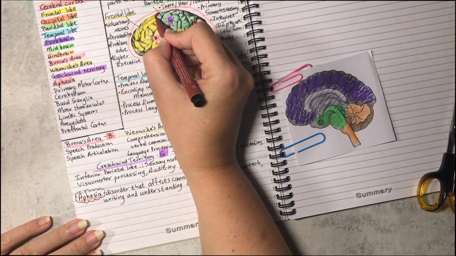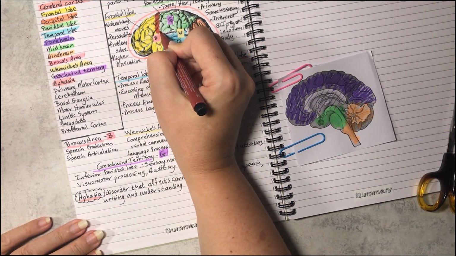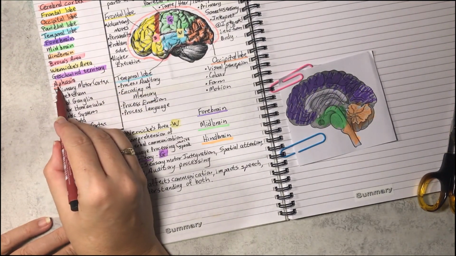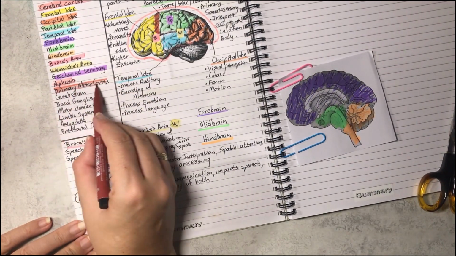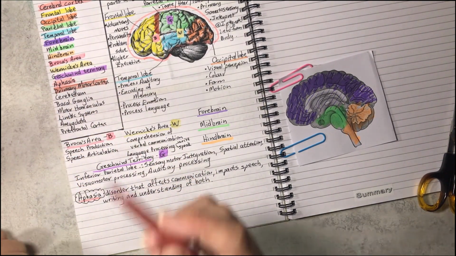Now, the next terminology is part of the frontal lobe, so your primary motor cortex. Motor obviously implying that link to the voluntary movements.